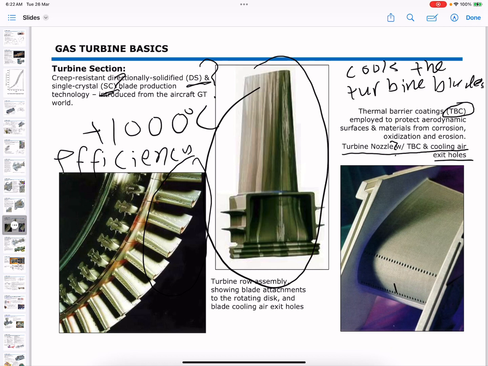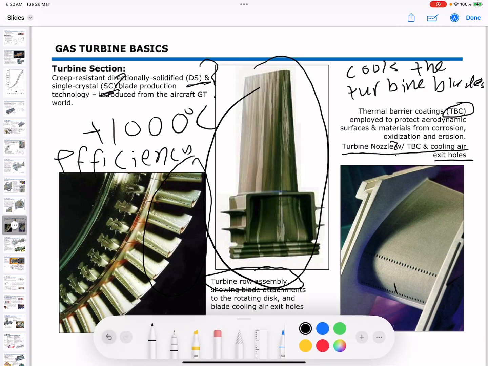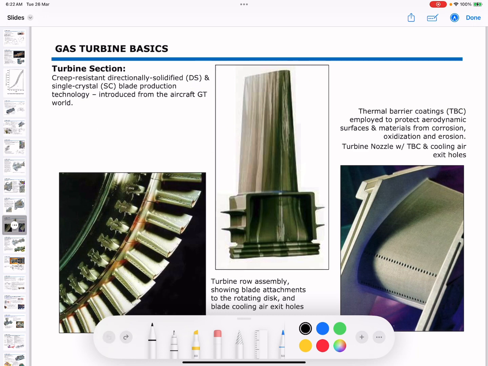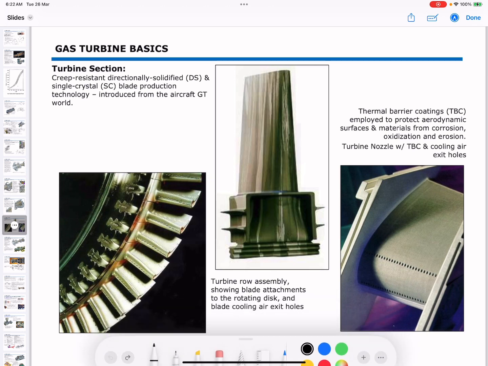Also here we have the turbine row assembly. Let me erase to make it clear for the one who will watch the video.